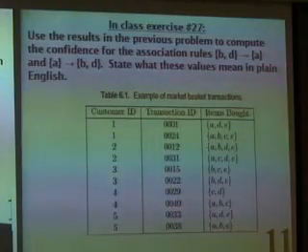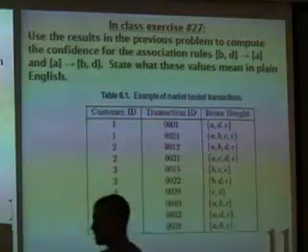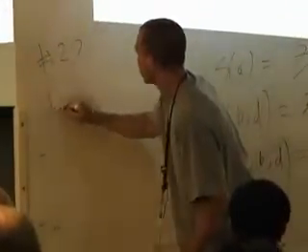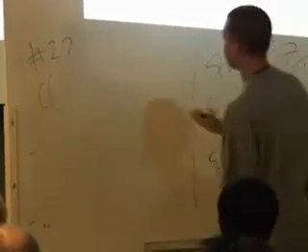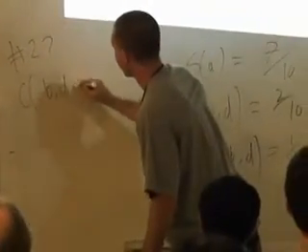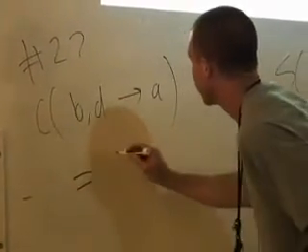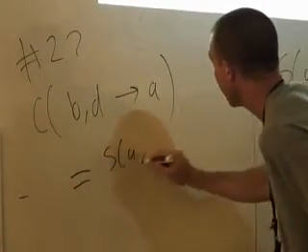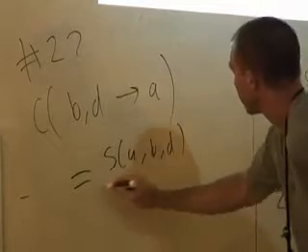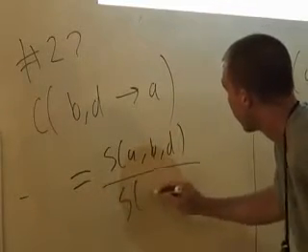But the confidence for these rules, number 27. Let's do the first one, BD implies A. So basically this is asking, out of all the transactions that contained B and D, how many also contained A? So on the top, I want to put the support of A, B, D, and on the bottom I want to put the support for B and D, right?